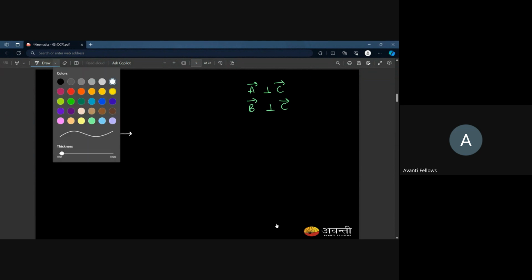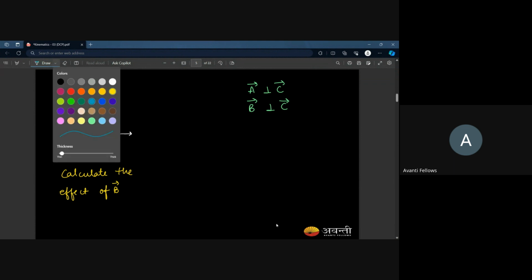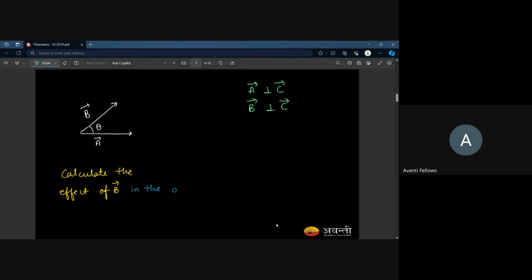I want to calculate the effect of vector B, and this is the important one, in the direction of A. So what would I do? I will calculate the projection of B in the direction of A, which is going to be B cos theta. Right?